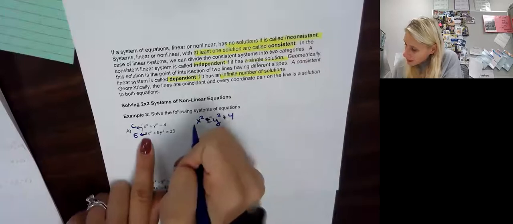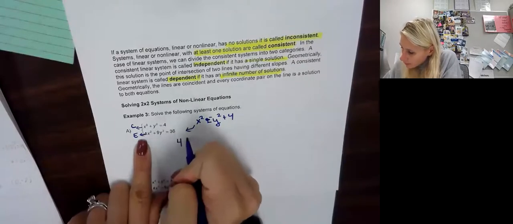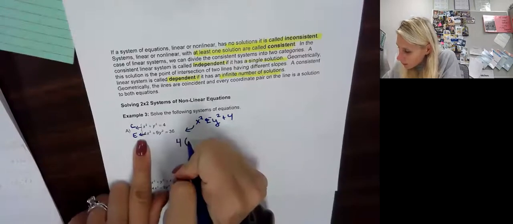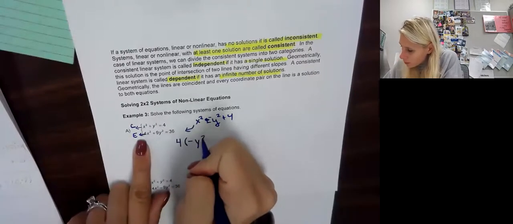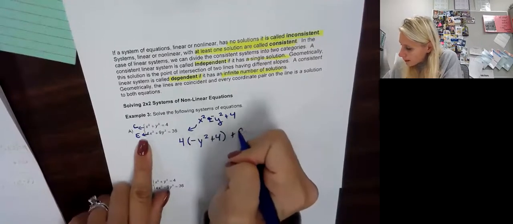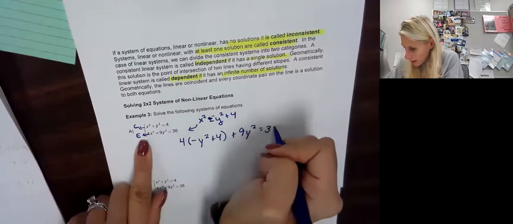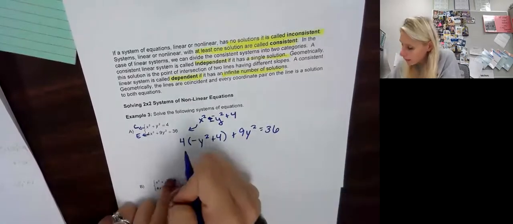Then I'm going to substitute this in for every x squared, right? So 4 times, instead of x squared, I'm going to put the negative y squared plus 4 plus 9y squared equals 36. I'm going to start solving.